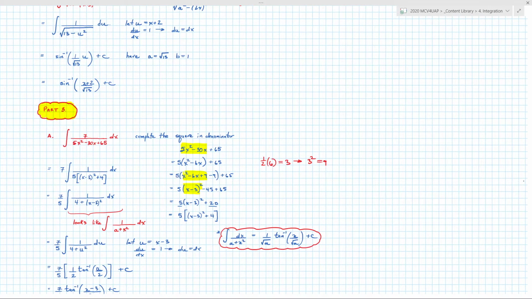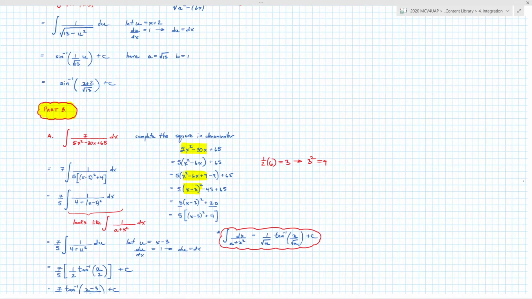Then, what I've done there is I've highlighted the x squared minus 6x plus 9. When I factor that, it's just x minus 3 squared. Okay? And I'm left with that negative 9 inside the round bracket, which I need to get outside of there.